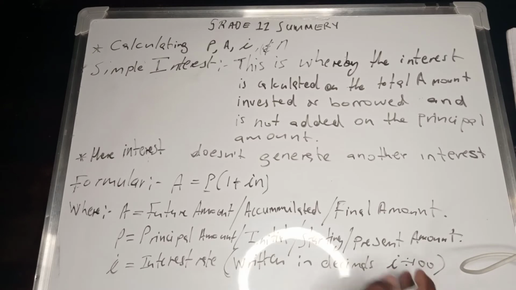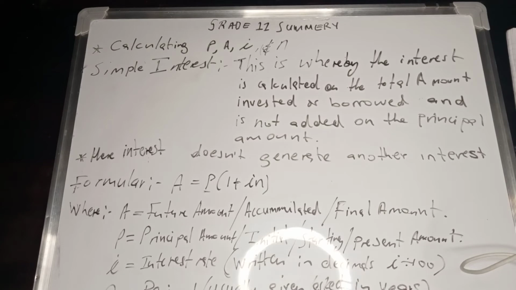This is how you convert your I to decimals. Then lastly we have N. N is the period that is usually given or asked in years.